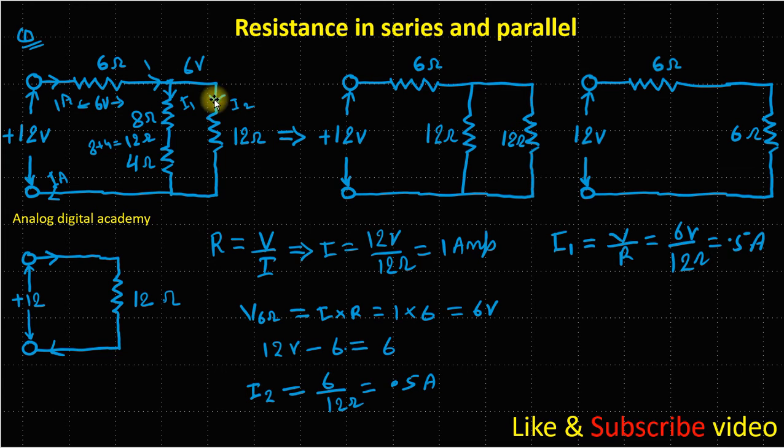So we have the value of one branch current, and we can calculate the other branch current by subtracting it. The total current is I1 plus I2. The total current is 1 ampere, and we know I2 is 0.5 ampere. So I1 will be 0.5 ampere. You can calculate like this and get the same answer.